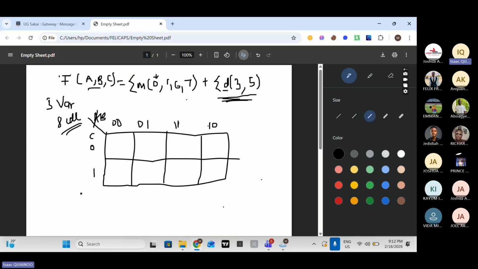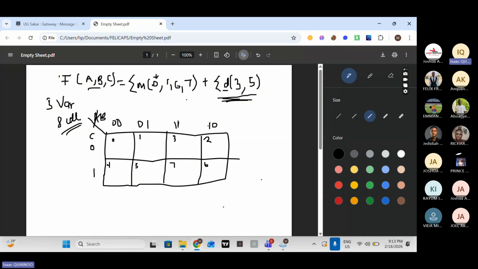So if you attempt to work with it in this manner, we are going to have our cell numbers 0, 1, 3, 2. We are going to have 4, 5, 7, 6. Let me see.